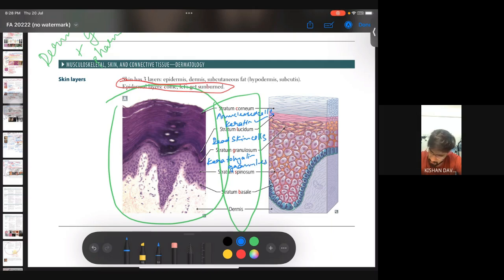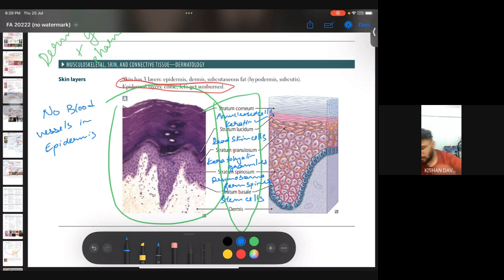In stratum spinosum, desmosomes form spines. In stratum basalis, we have stem cells. And we need to know this: no blood vessels in epidermis.